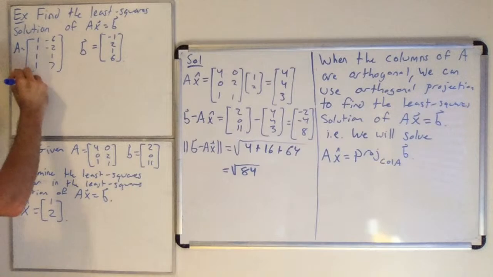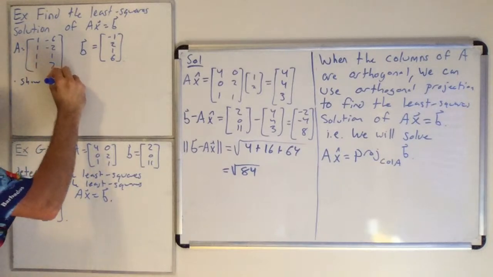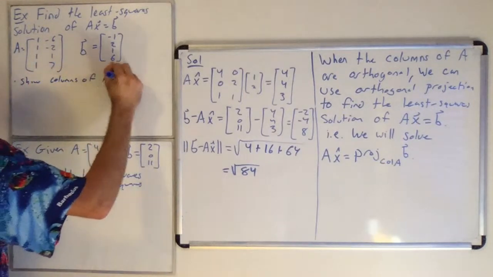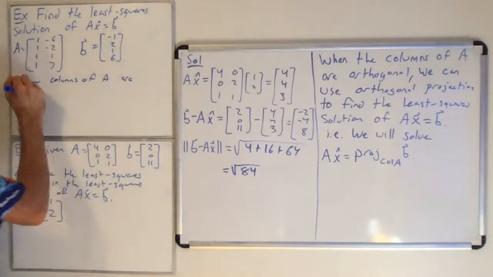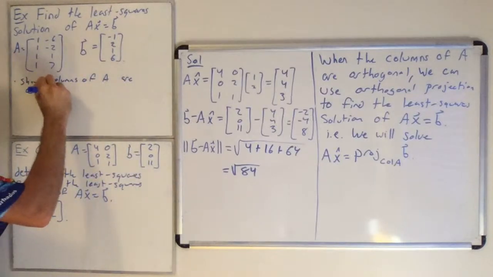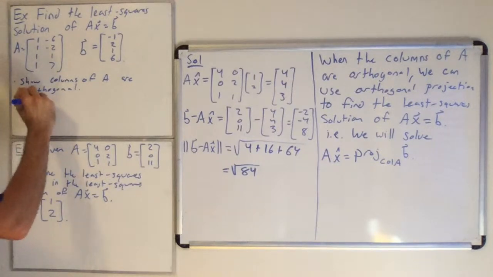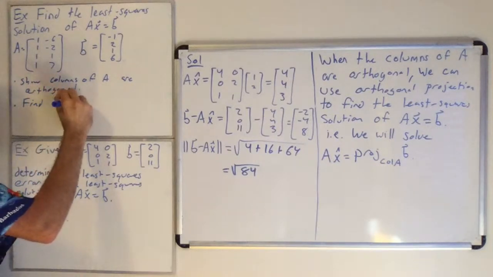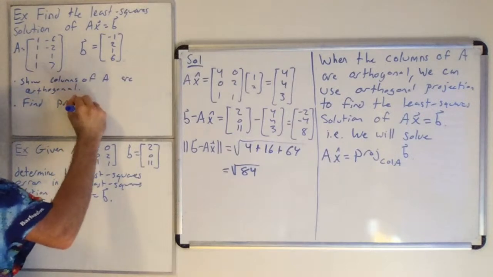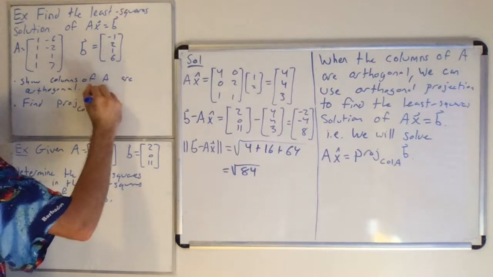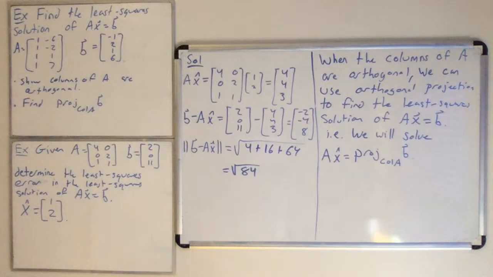We want to show columns of A are orthogonal, and then find the projection onto the column space of A of B. And then we'll solve the equation AX equals this matrix.